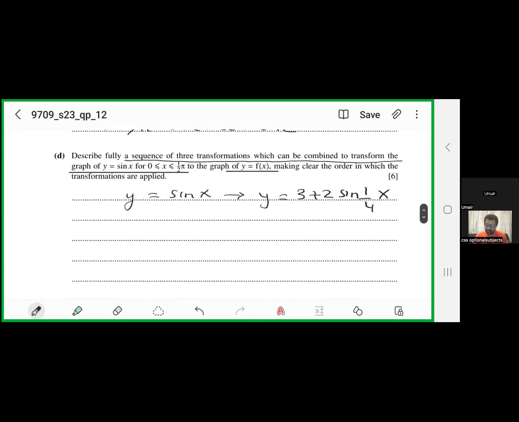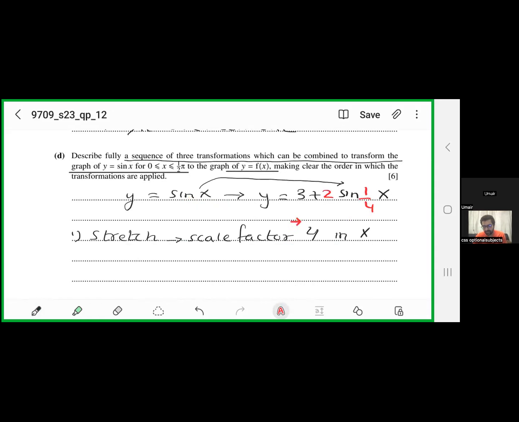Now, in this case, you have to go through three transformations. Number one is this one. If you have to transform this into this graph, number one is you have to go through a stretch with a scale factor of 4 in x direction. This is the first one which you have to do to transform this into this.